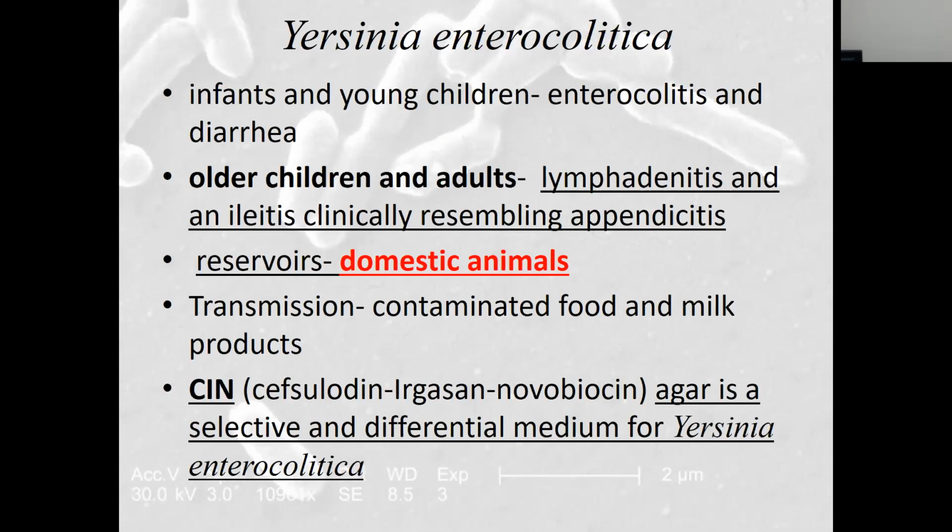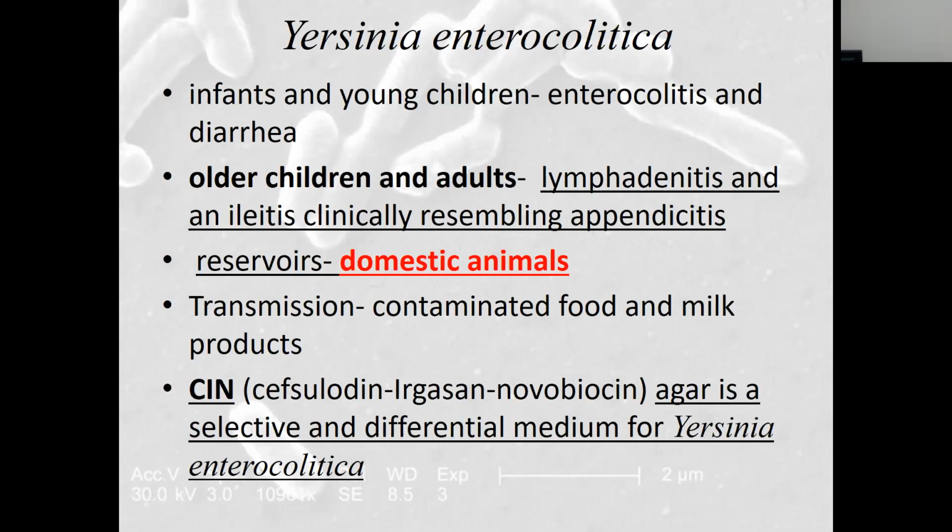And then we see this cefsulodin, irgasan, novobiocin. That sounds like CIN agar. What do these sound like? Novobiocin. Kind of sounds like our modified Thayer-Martin a little bit, right? Remember that one? For Neisseria, right?